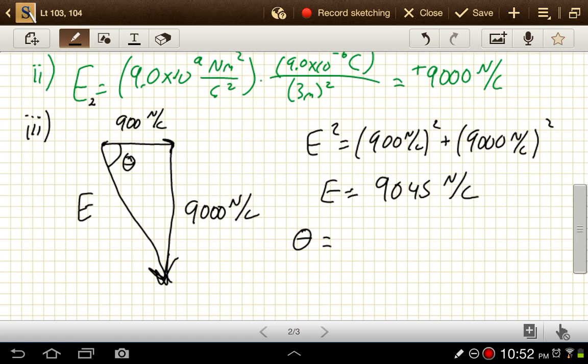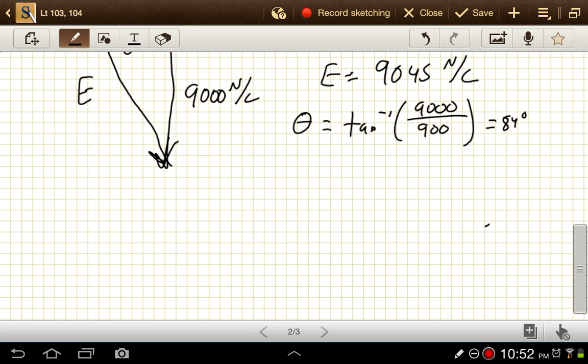Theta is going to be equal to the inverse tangent of 9,000 over 900, or just the inverse tangent of 10, which gives us 84 degrees.